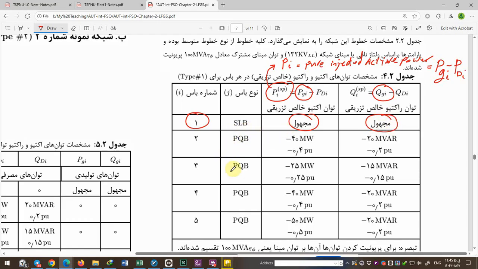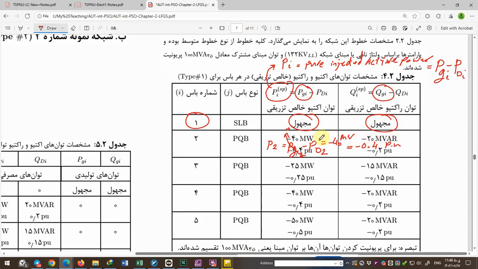But in other buses, because they are PQ buses, we can write the pure injected active power in bus 2 as P generation of 2 minus P demand of 2. The generation is 0 and the calculation gives minus 40 megawatts or minus 0.4 per unit.